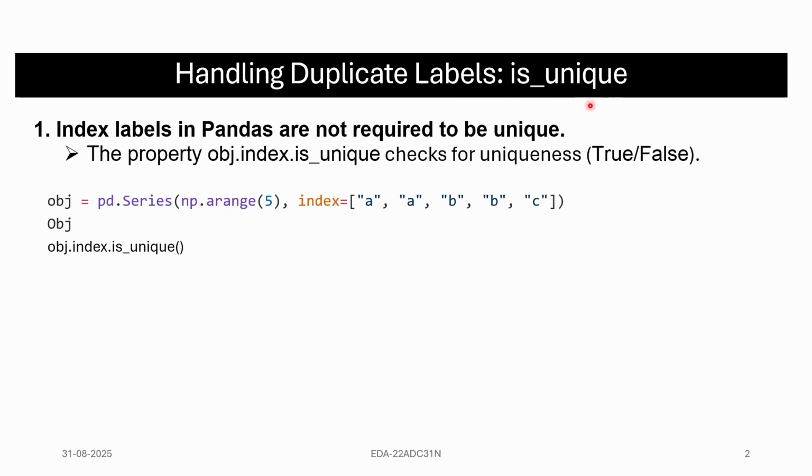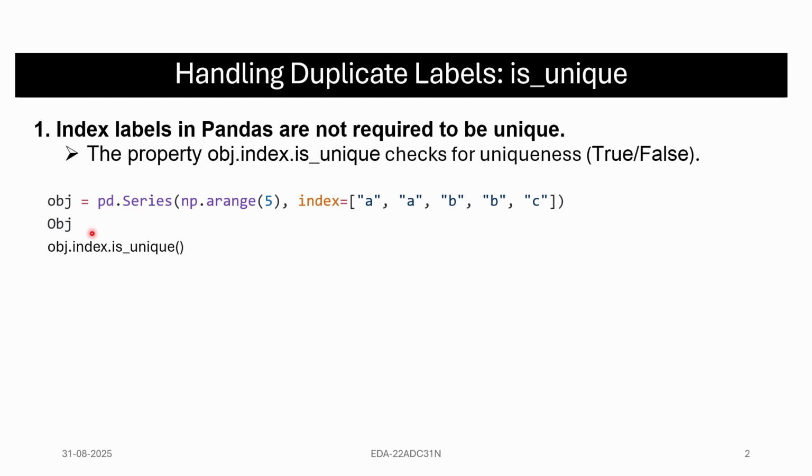First, using the is_unique property. obj.index.is_unique checks for the uniqueness of the labels. That means if there is no repetition of the indices, it is going to return true. Otherwise, it returns false.